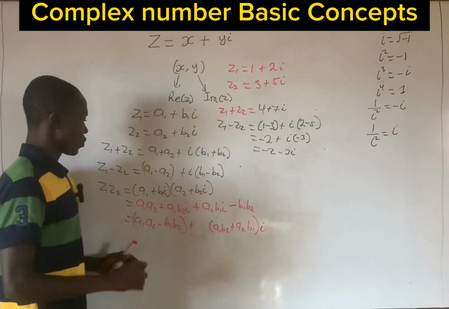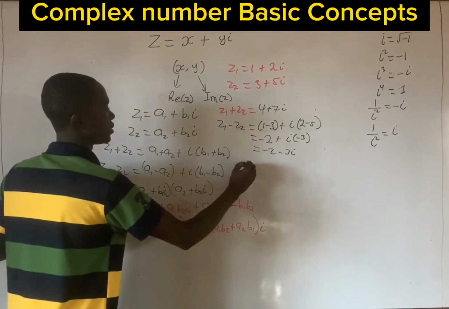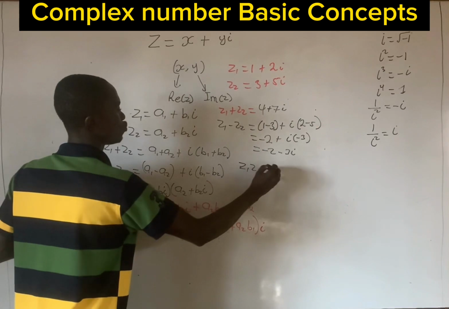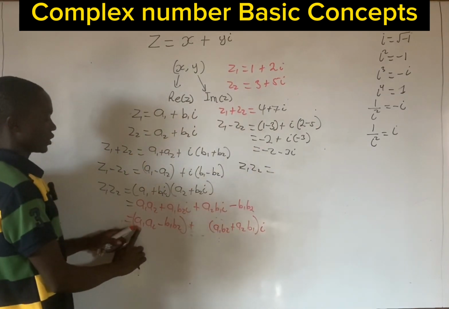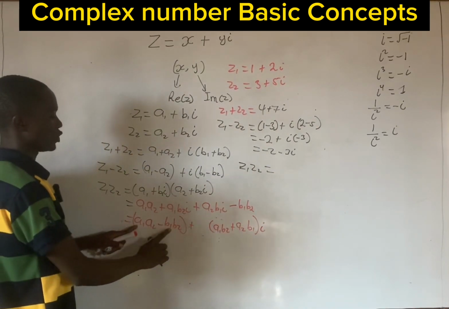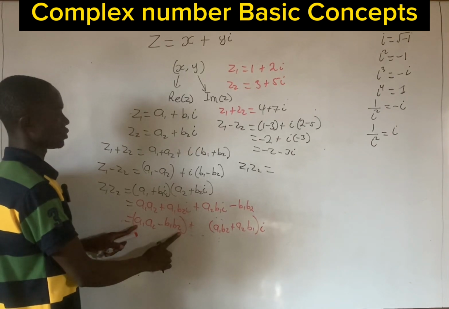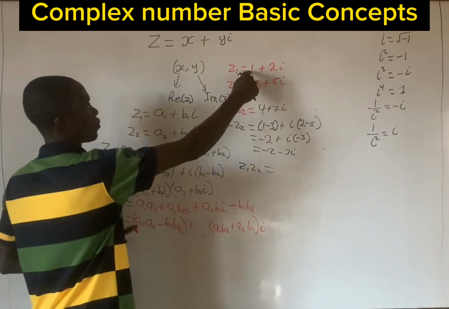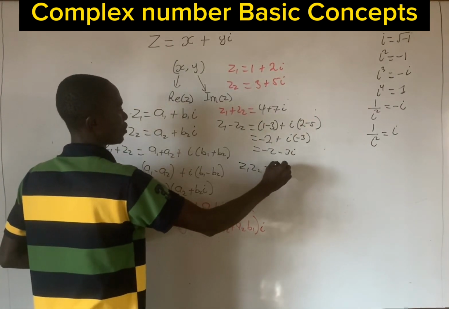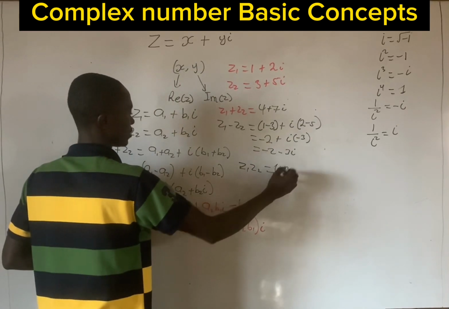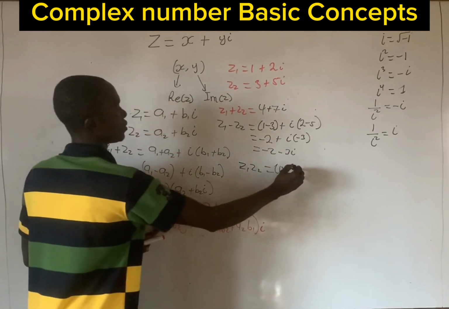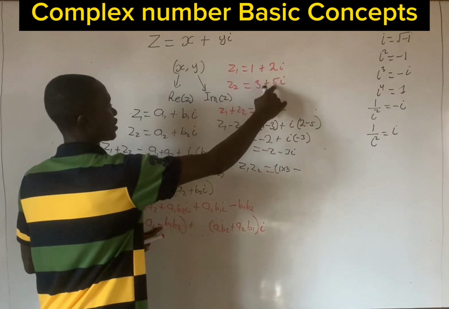Right? What about the multiplication? z1z2 will be equal to a1a2 minus b1b2. So we multiply this together. 1 times 3, minus 2 times 5.